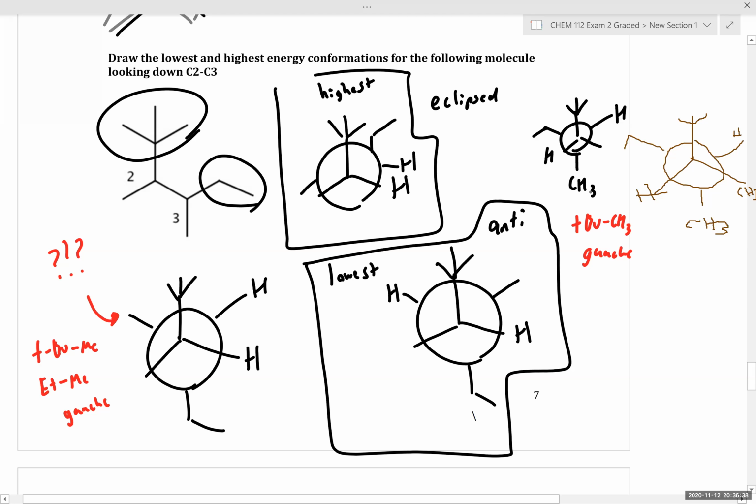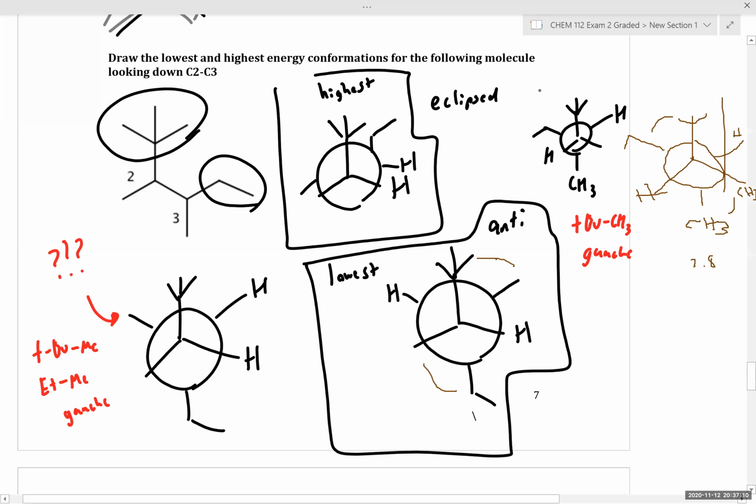Yeah, because my thought process was that these two are gauche, but that would be a lower gauche because it would be just a 3.8. Yeah, that's the second best possible solution. Oh, okay. But this one is preferred because the methyl t-butyl and the ethyl methyl is still a lower strain than this one.